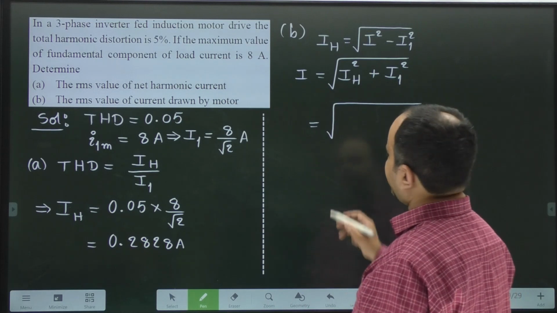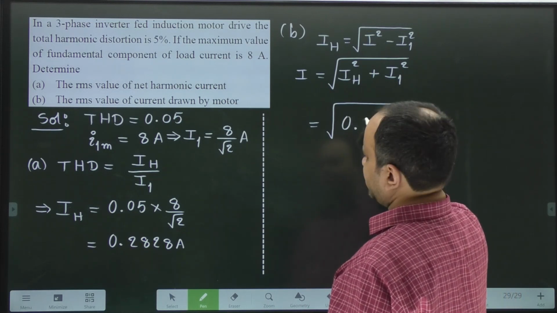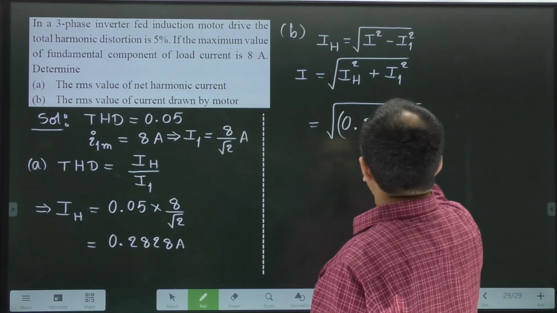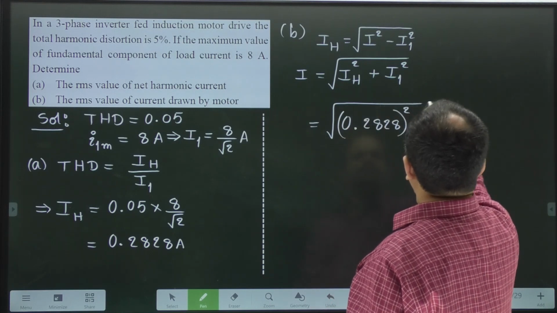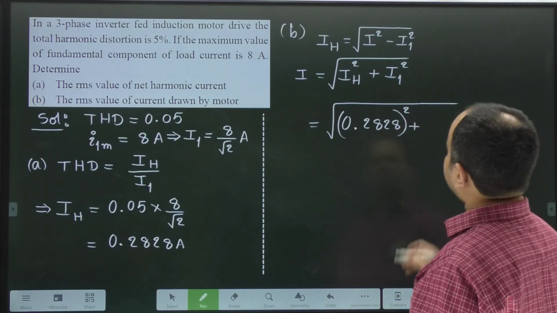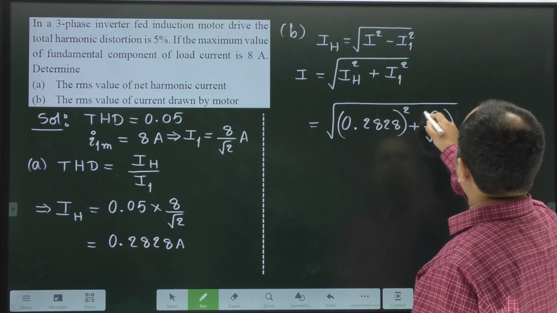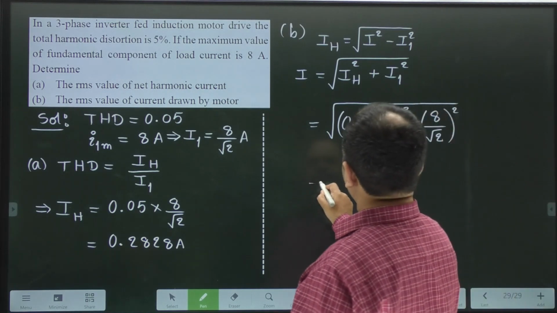So IH square is 0.2828 whole square plus I1 square, 8 by root 2 whole square.